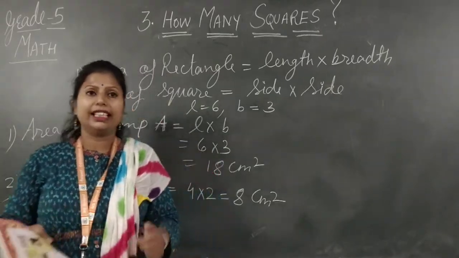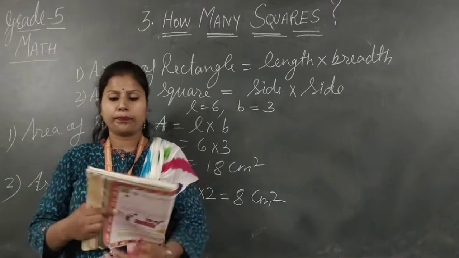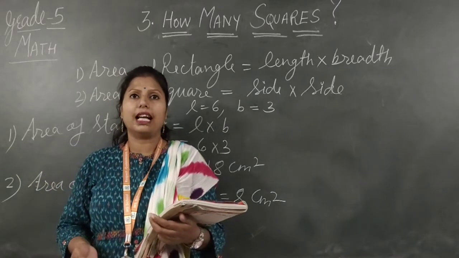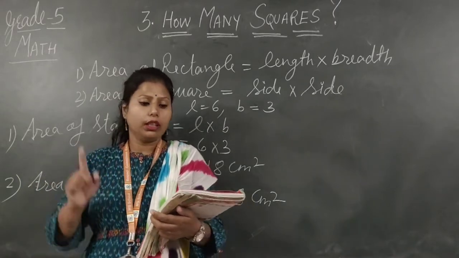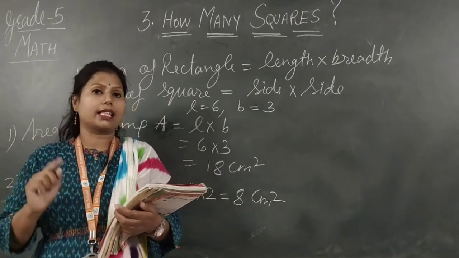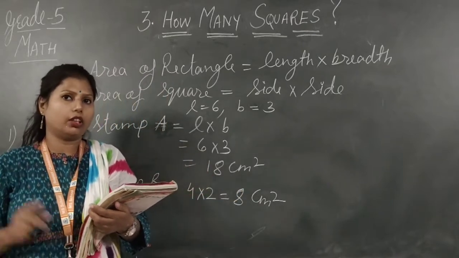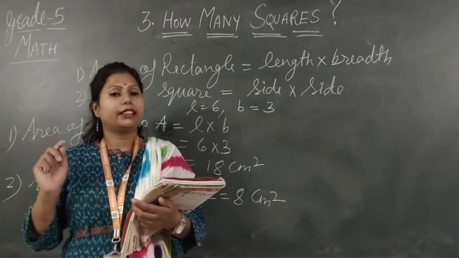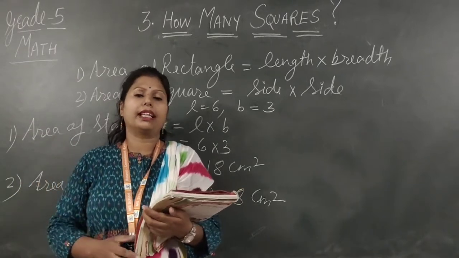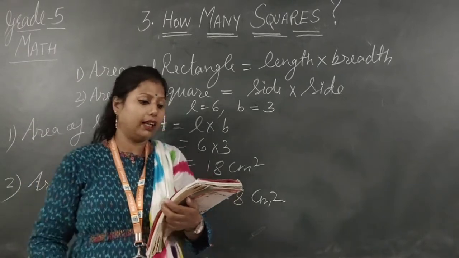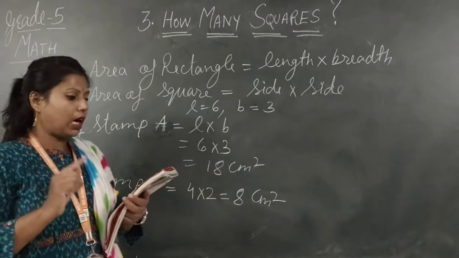Or second method, because you need to give the answer early, so what you have to do, just count all the squares. How many squares inside the rectangle or inside the square? Whatever squares are inside, that becomes our particular area. So in this stamp C, what will we do? We will count.